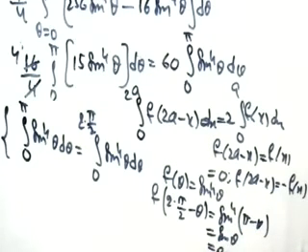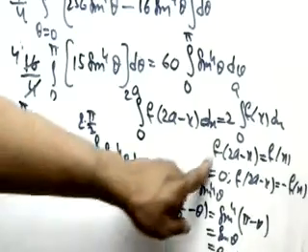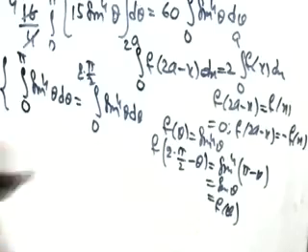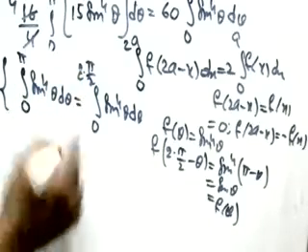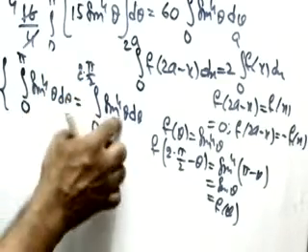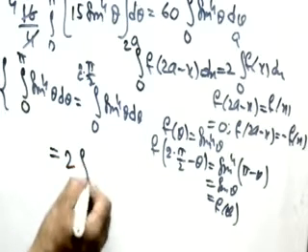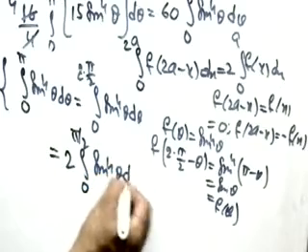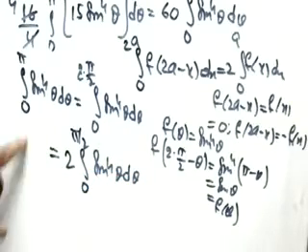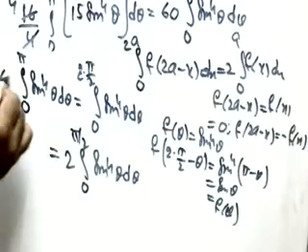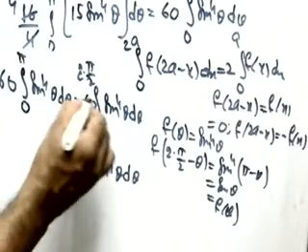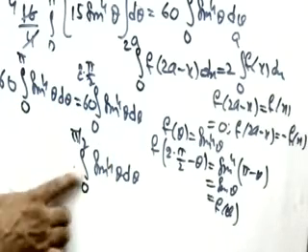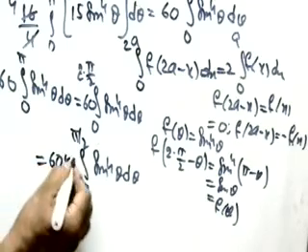Now sine of 180 minus theta is sine theta, so you are getting f of theta. So f of 2a minus x equals f of x, and this 2 will come outside: 2 into integration 0 to pi by 2 of sine to the power 4 theta d theta. You must remember this one. We are having 16, let me continue; now 60, already we are having 60 into 2.